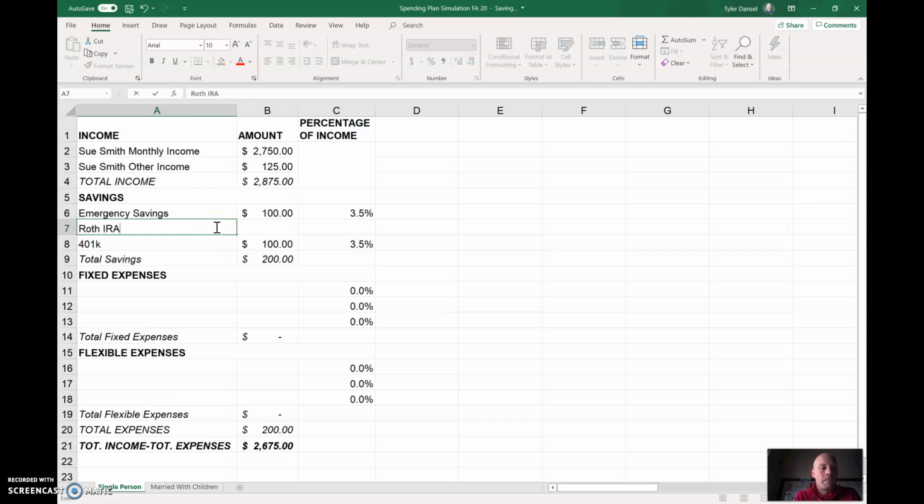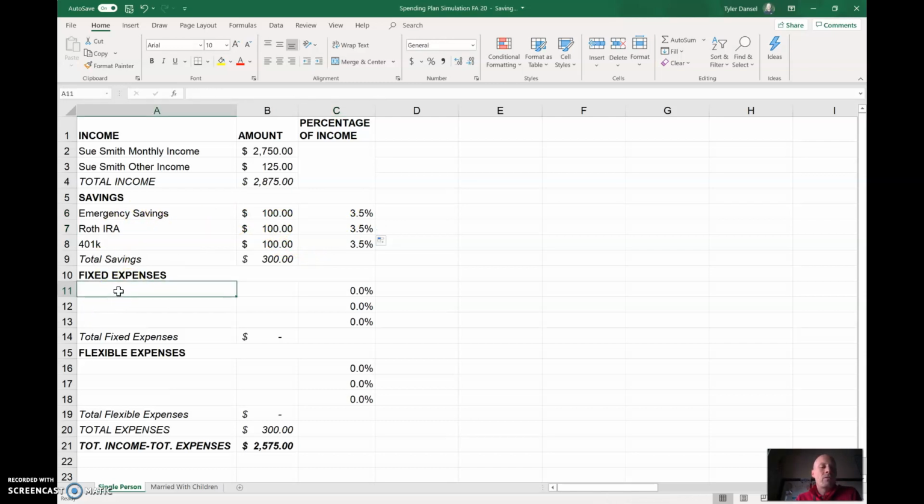So she's going to put $100 in a Roth IRA, and it automatically calculates here. You will need to copy this formula down. You can do Control-C, Control-V, or you can use what's called the fill handle, that little square in the lower right-hand corner, and drag it down.